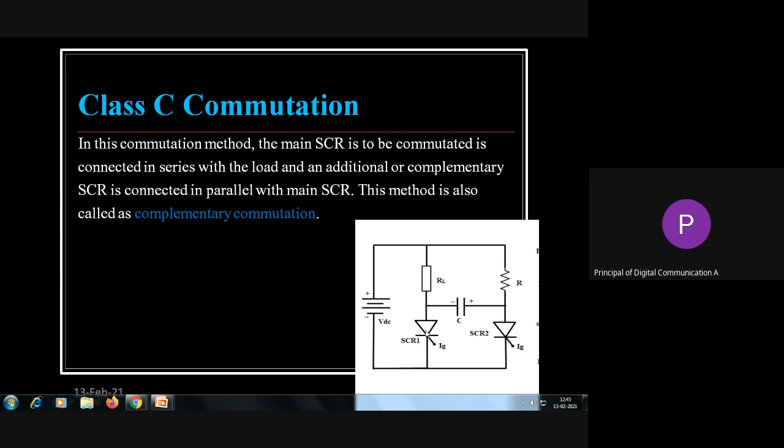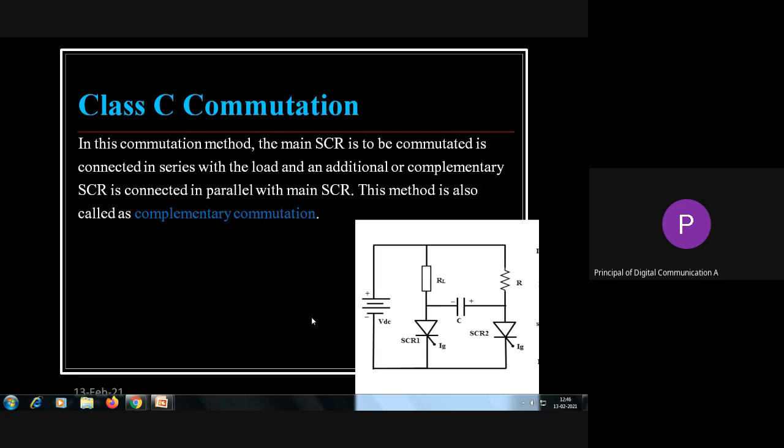So first of all, you just draw this diagram under the heading class C commutation. The positive and negative of the capacitor is important.